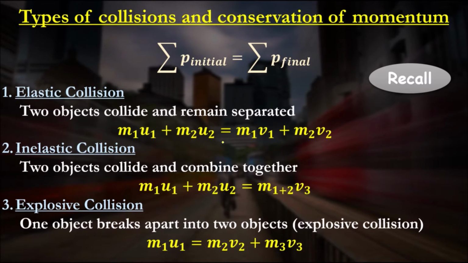So what I can say is, let's say the original momentum was 0 at the start of the collision, okay? Because one car was moving this way, the other car was moving this way. After collision, they bump off in two different directions.